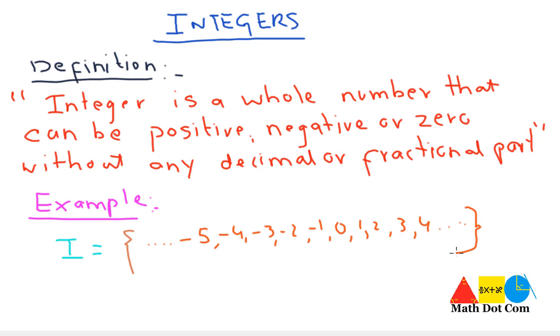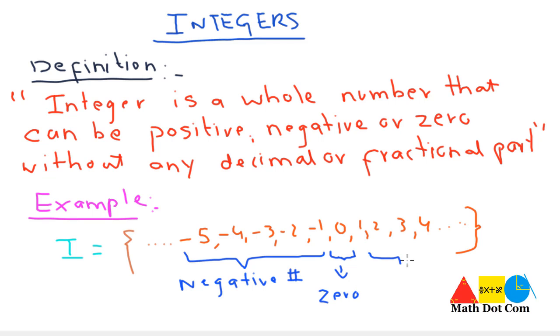So I is a set of integers which includes negative numbers, zero, and positive numbers. So here we have a clear concept of the integers. Integers include positive numbers, negative numbers, and zero also.